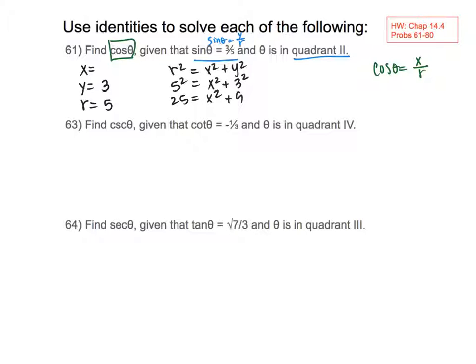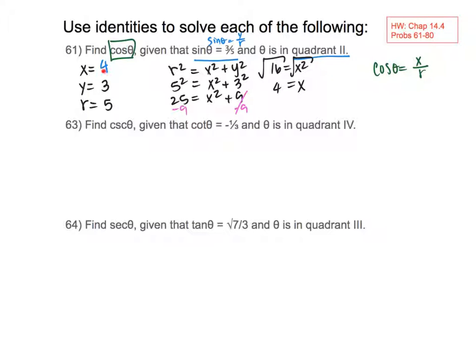This would be 9. I would subtract off the 9, move it to this side, so that I would have 25 minus 9, which is 16, equals x squared. So x is equal to 4 if you take the square root of both sides. So if x is 4, I could put it back into here as 4. So I've solved for all 3 sides.